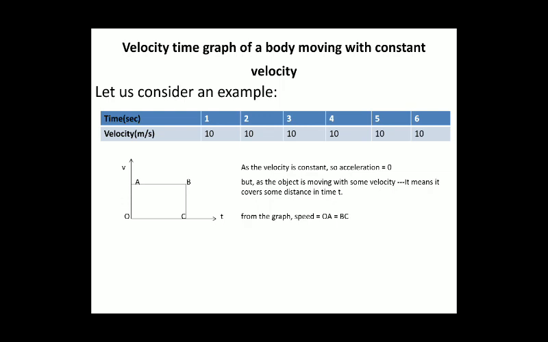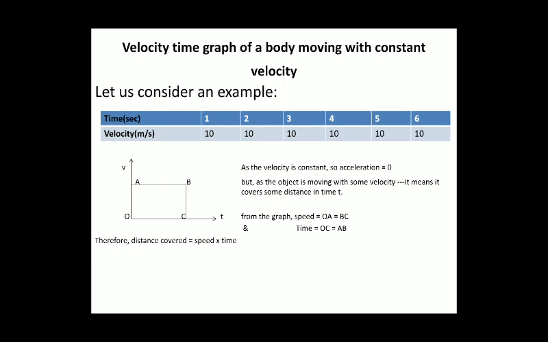So how to calculate the distance? If I draw a line, you can observe this blue line BC. OC is representing the time, thus AB is also representing the time. OA velocity, BC velocity. As we know, distance covered is equal to speed into time.